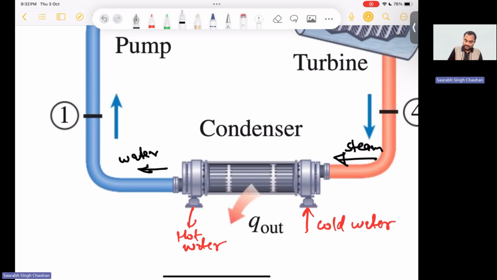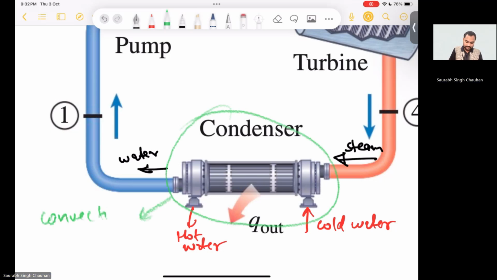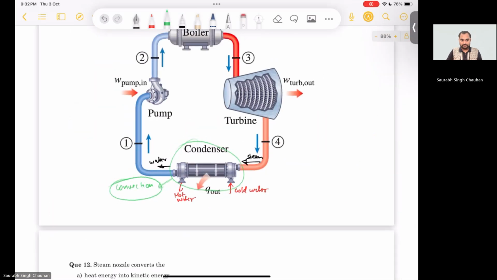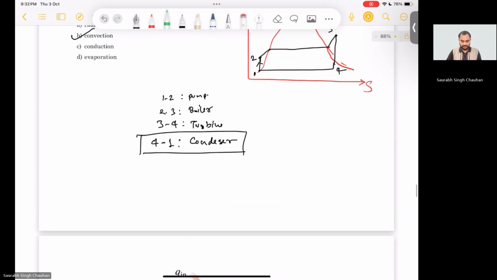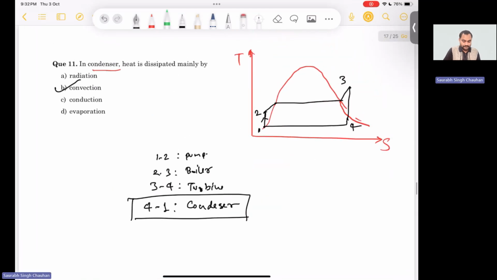So inside this heat exchanger, this condenser, what will happen? Convection will happen, right? So convection is the mode by which the heat dissipation takes place in the condenser.